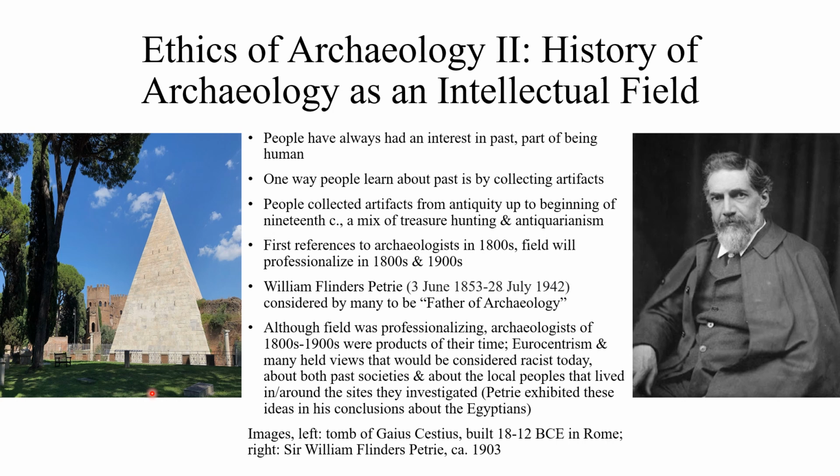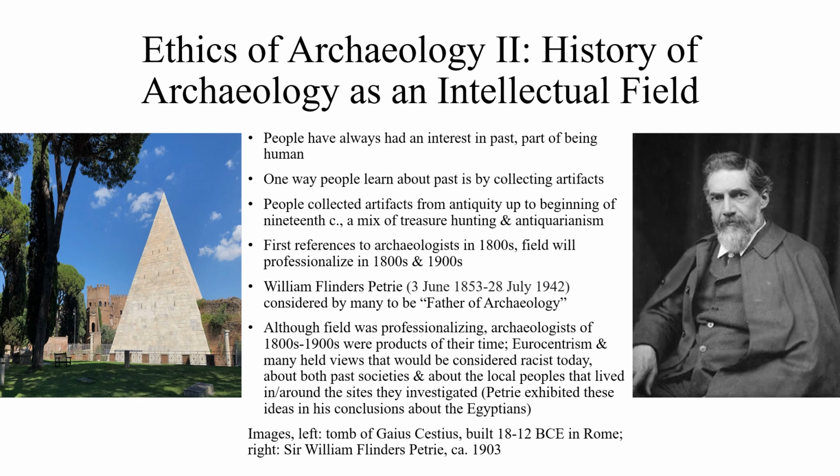Another interesting thing to note about Cestius is he lives right around the birth of Christ, just over 2,000 years ago from the present day. But he's having a pyramid built for himself. And the Great Pyramids of Giza, the most famous of the Egyptian pyramids, were built about 2500 BCE or so.